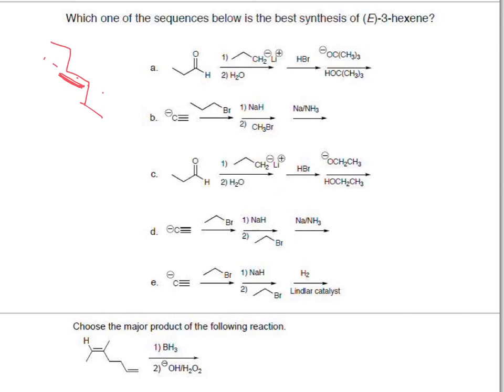That's why it's E. And so you can also call this a trans 3-hexene. So hopefully you can see, irrespective of how the reaction goes, that the hydrogen with Lindlar's catalyst is going to be a bad idea because that always gives you a cis alkene. So you can just throw E out of the window.